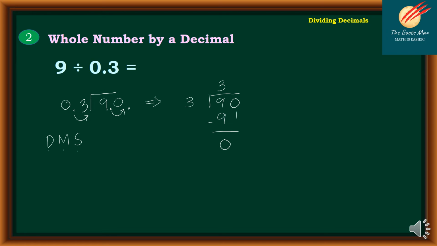Copy the 0 here, then repeat the process of divide, multiply, subtract. 0 divided by 3 will give us 0, then multiply. 0 times 3 is 0, then simply subtract. So the final answer is 0. Therefore, 9 divided by 0.03 is equal to 30.